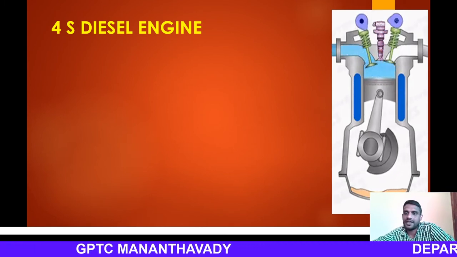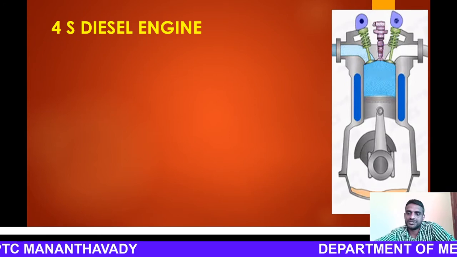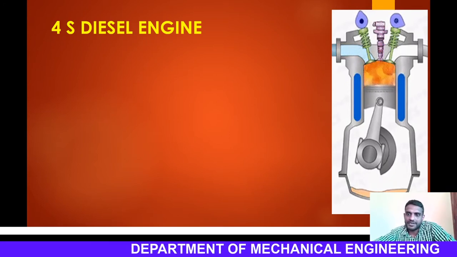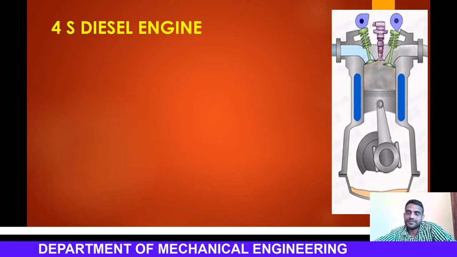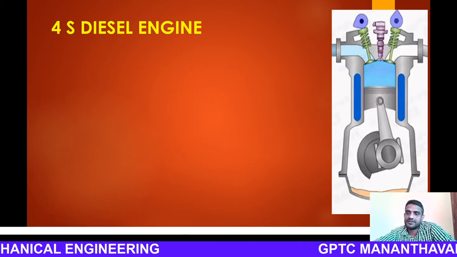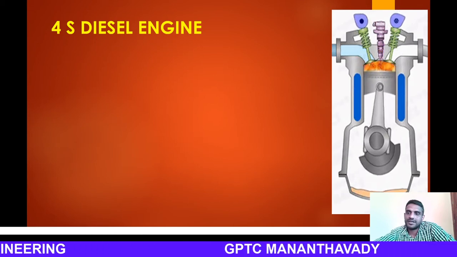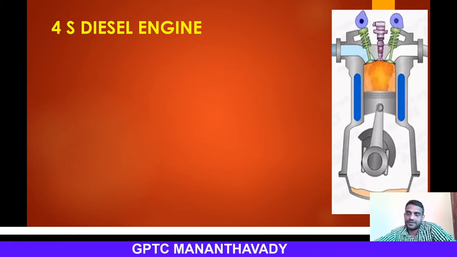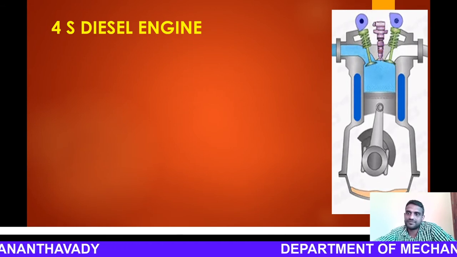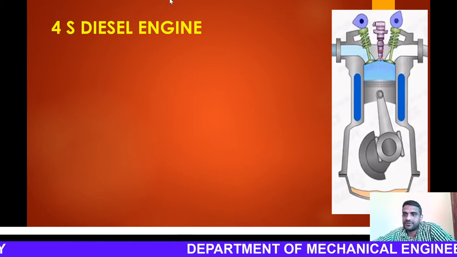Here only air is introduced into the cylinder during the suction stroke. At the end of the compression stroke, the fuel is injected by a fuel injector into the highly compressed air. But in the case of an SI engine, an air-fuel mixture, that is, a charge, is introduced. Remaining all the same here.